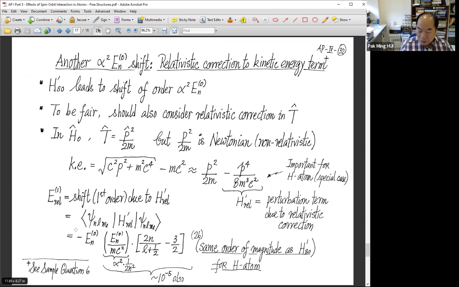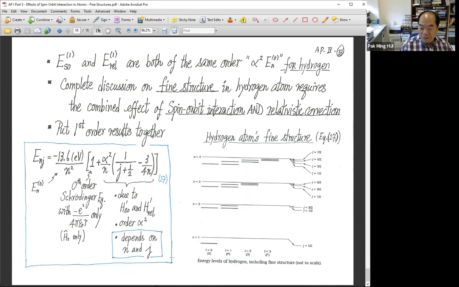I quote the result and just would like to point out that it is the same order, alpha square divided by n square shift, and then again with an order 1 factor that has to do with n and l, as expected. So this is of the same order of magnitude, and therefore we should put the two things together to be fair.